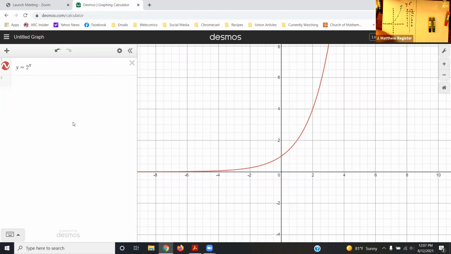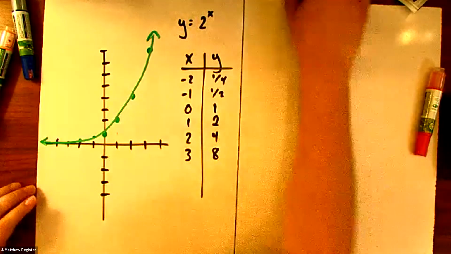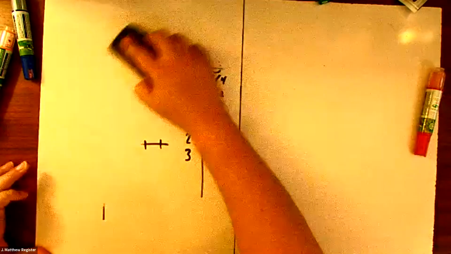Now, 2 to the x is one of the important ones. The other one, which is perhaps more important, is e to the x. And we are going to be doing a lot of stuff with e to the x this semester. What's important is knowing e for one thing. So let's make sure that we all know what e is. E is this number, and there's actually a lot of ways to define it.